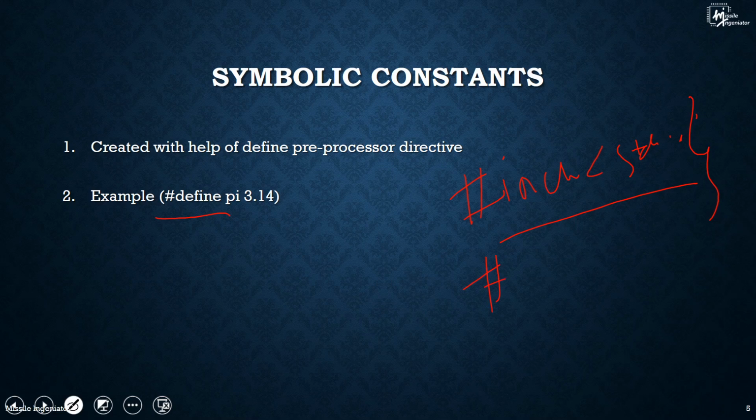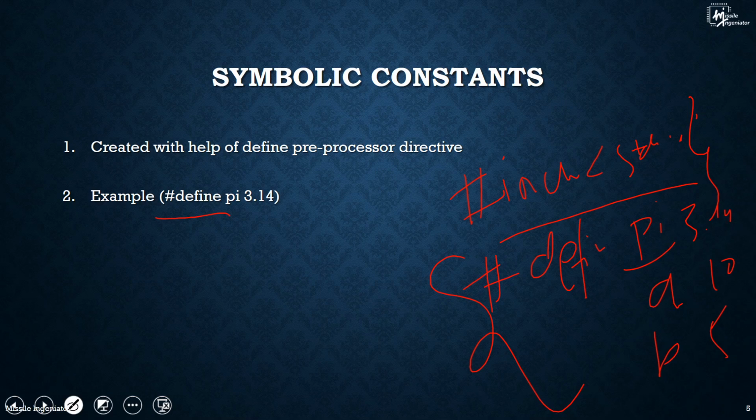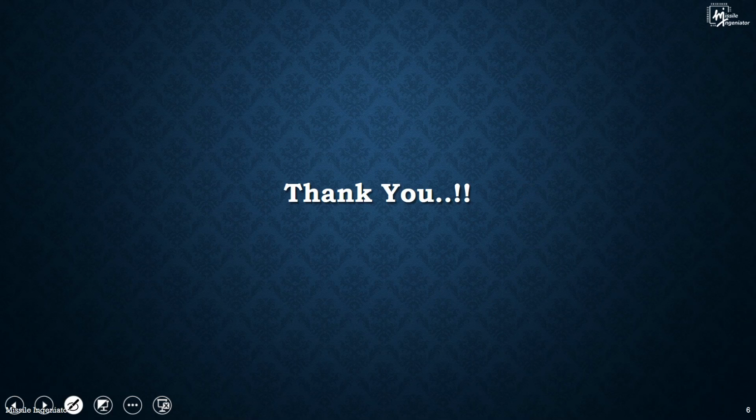In that place you need to define the identifier, PI equal to 3.14. You can also give other names like a or b, a equal to 10, b equal to 5. So in this sense you can use constant values as a preprocessor directive.